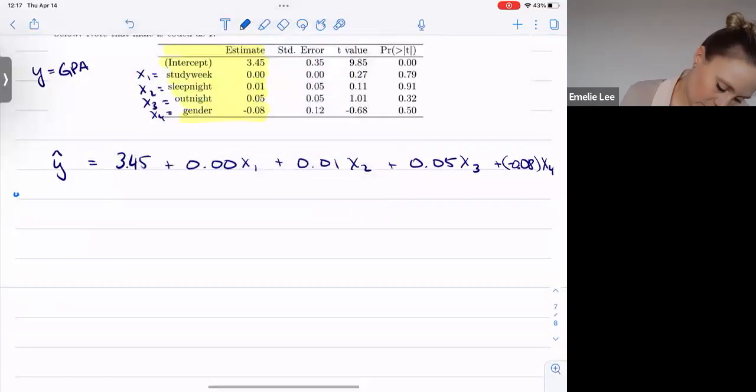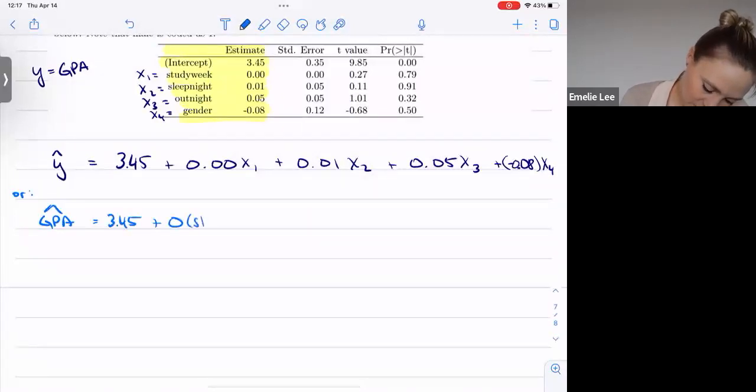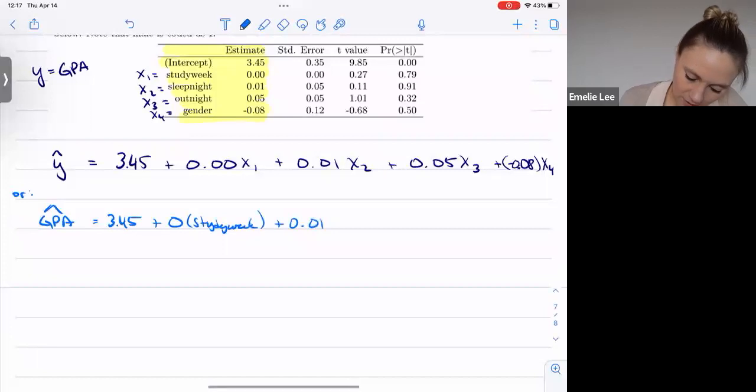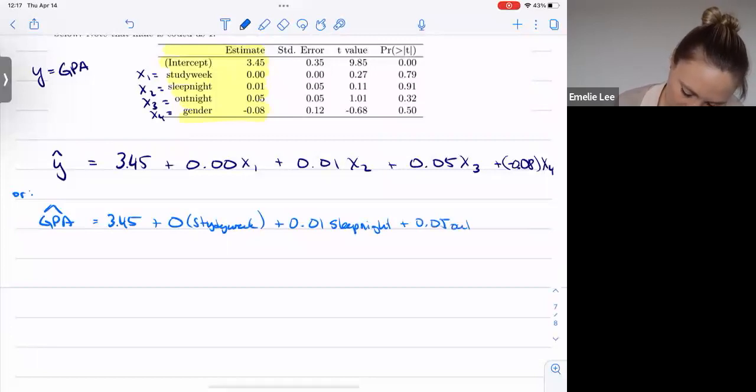Okay. Or the predicted GPA is 3.45 plus 0 times the study week plus 0.01 times the sleep night plus 0.05 times the out night.